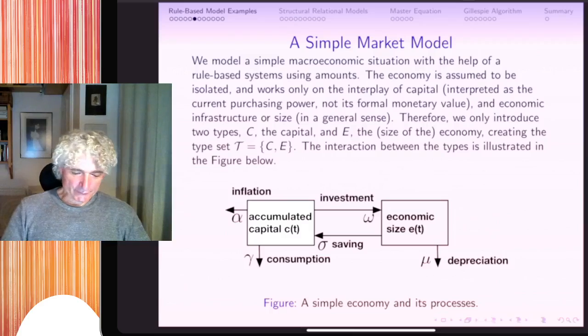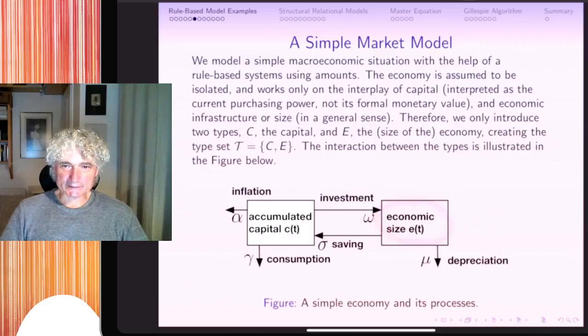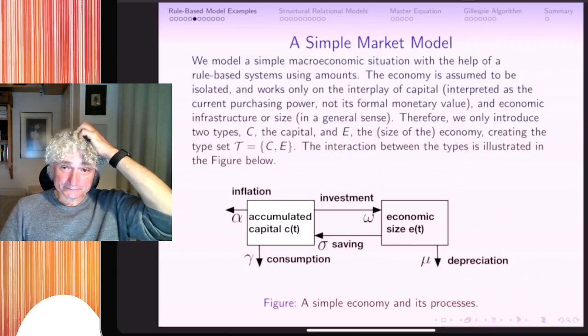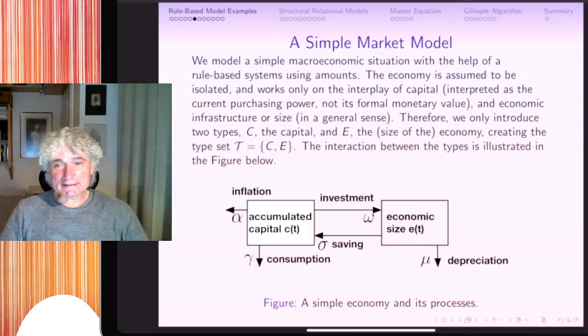So let's first start with the economy itself. I guess that's also how it started historically before capital was invented. The more interactions you have inside the economy, the bigger the economic size. Nowadays there is a tendency to measure economic size, for example, in GDP.